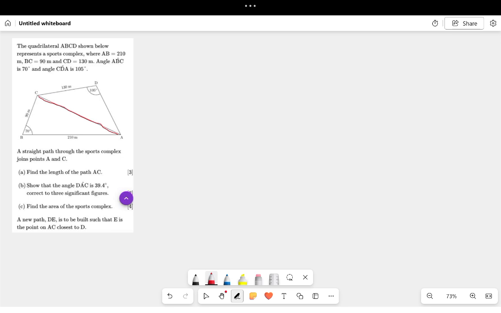In triangle ABC, AB is 210, BC is 90, and angle B is 70 degrees. Since we have an angle between two sides whose lengths we know, we are going to find the missing length using the cosine rule.